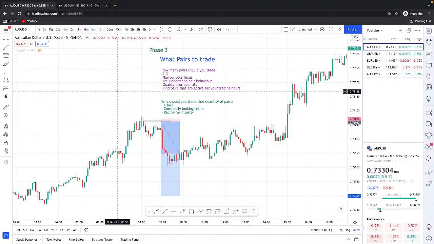If you focus on 2 to 3 pairs, you will build up confidence, and you'll notice the tendencies, and your execution will become fairer, right? Some people trade the Asia session.